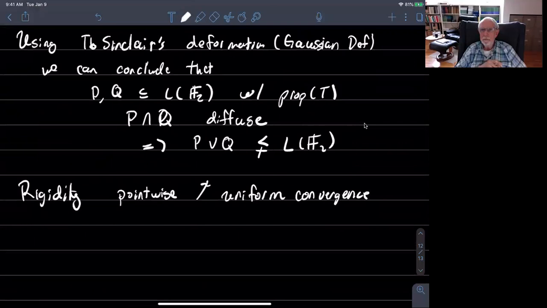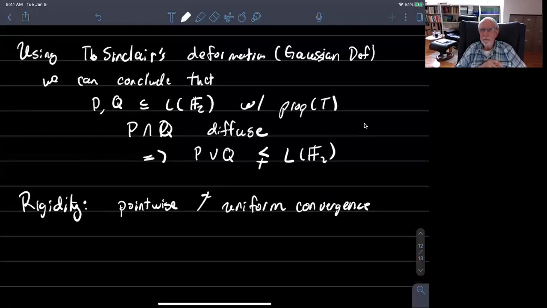I'm not going to get too much into that, but that's property T. Subalgebras satisfy this kind of phenomenon: you try to deform them, but you always have this uniform convergence back to the identity when you focus on that subalgebra. So the idea behind the proof is that if you take these two property T subalgebras and you join them, their join also shares this kind of nice uniform convergence to the identity on the algebra that they generate, so you can patch it through just like you would in the group case.